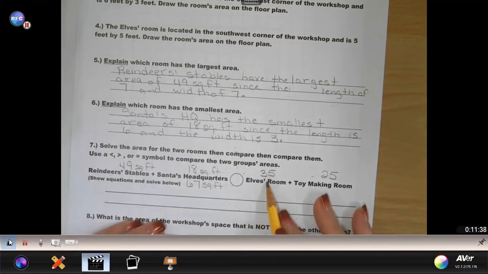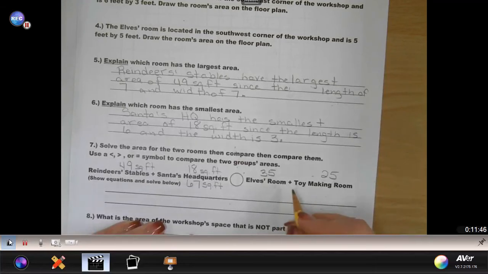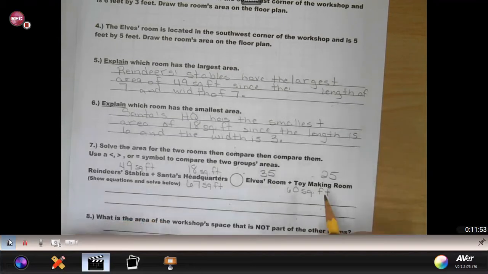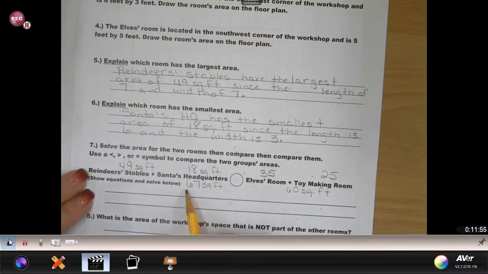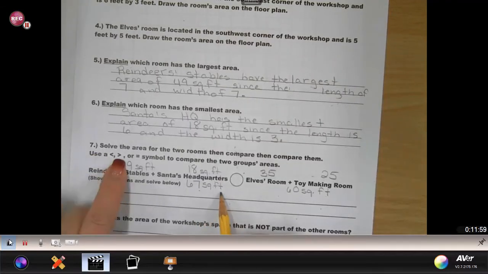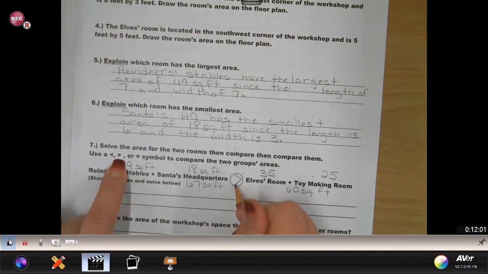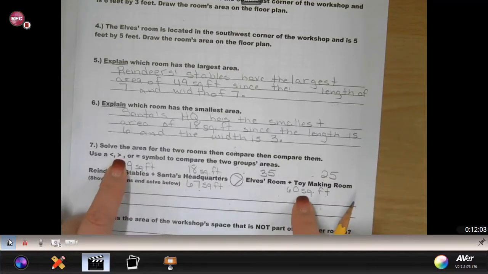But the elves room is 30 and 20 is 50, and 5 and 5 is 10. So 50 and 10 is 60. 60 square feet. So now we can use a comparison sign. 67 square feet is greater than 60 square feet.